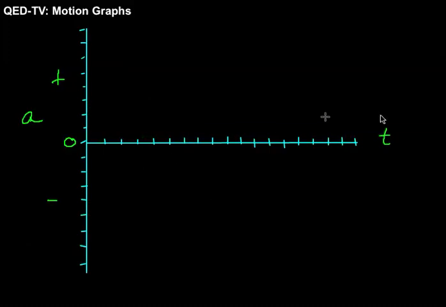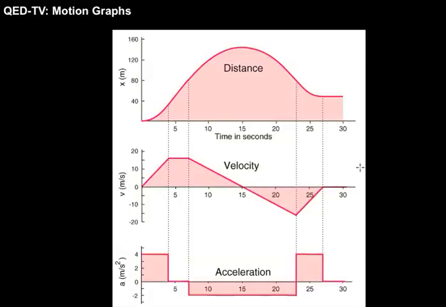So I want to look at one last thing here. Let's look at this. We have motion of a car graphed on 3 different graphs. We have a displacement time graph here.